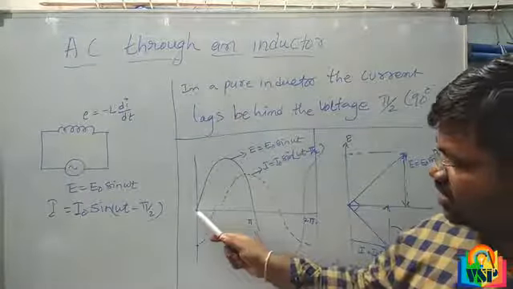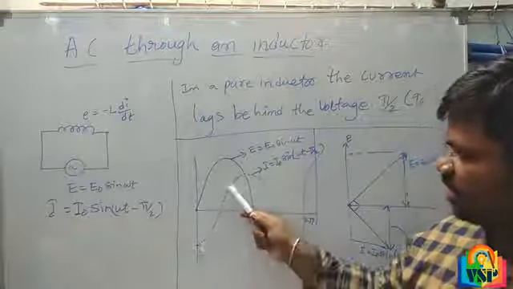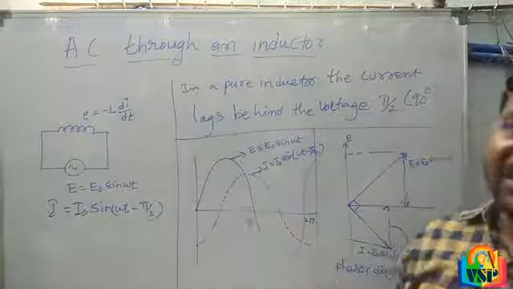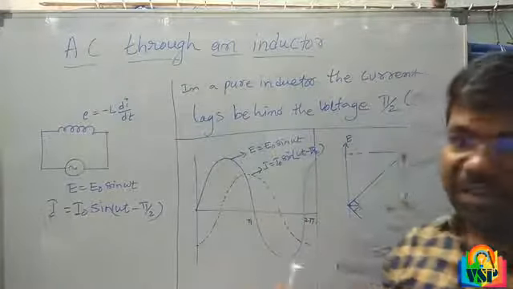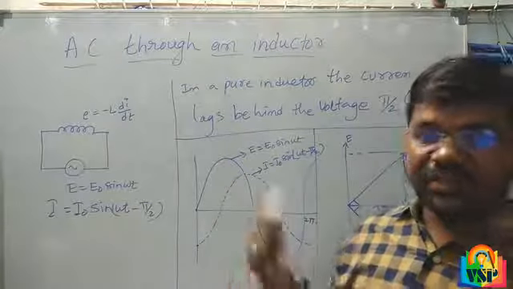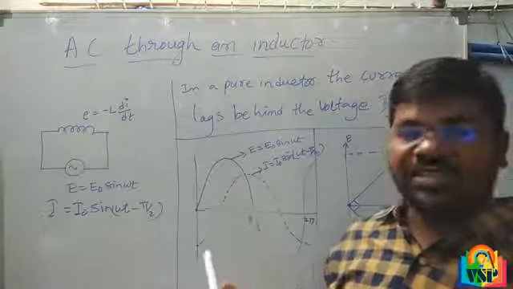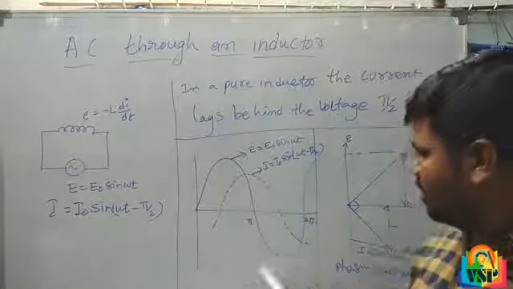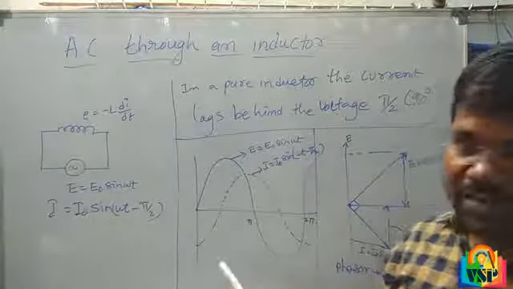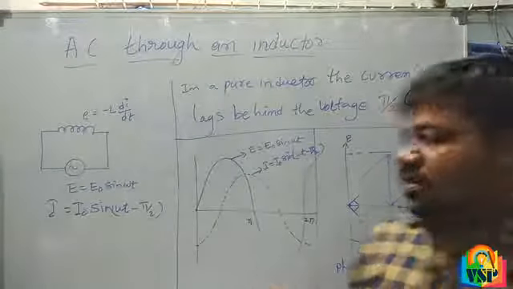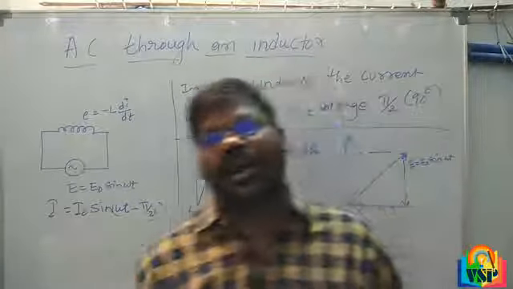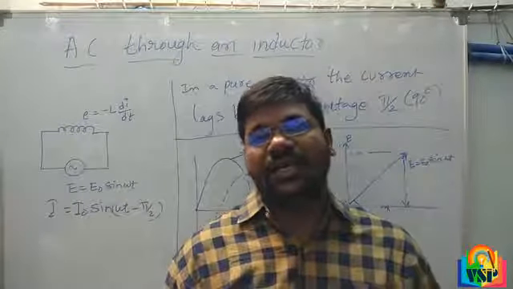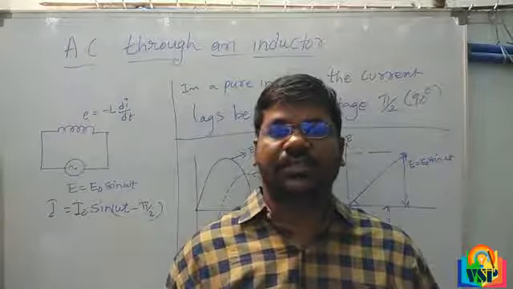Resistor starts from here, inductor starts from here, and capacitor starts from here. Based on the three diagrams, you can easily find which graph is for a resistor, inductor or capacitor. Previously they asked this question: it's a capacitor, it's an inductor.